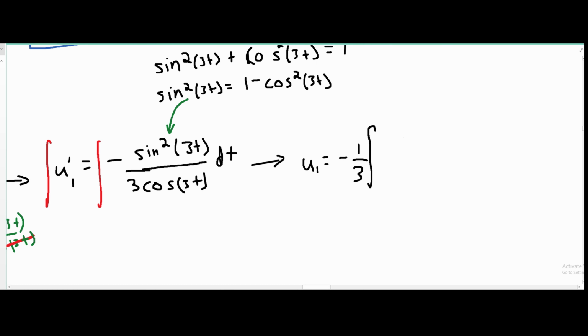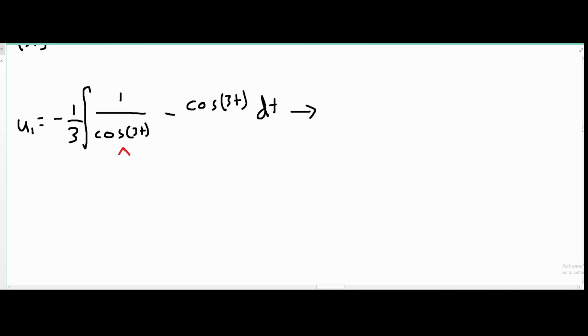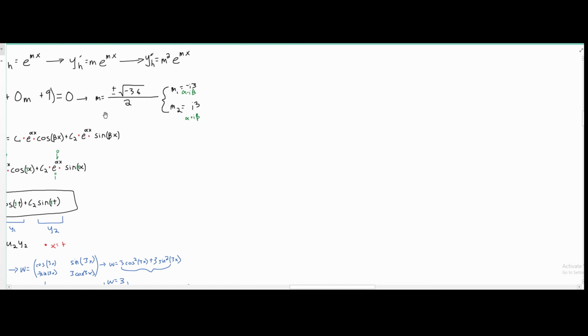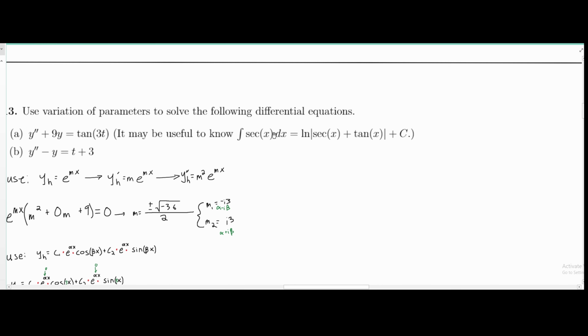What that leaves us with is 1 over cosine 3t minus cosine 3t dt. Cosine of 3t, we need to flip it on the top, so that's going to be the equivalent of secant of 3t. From our instruction, secant of something, 3t in this case, is this.